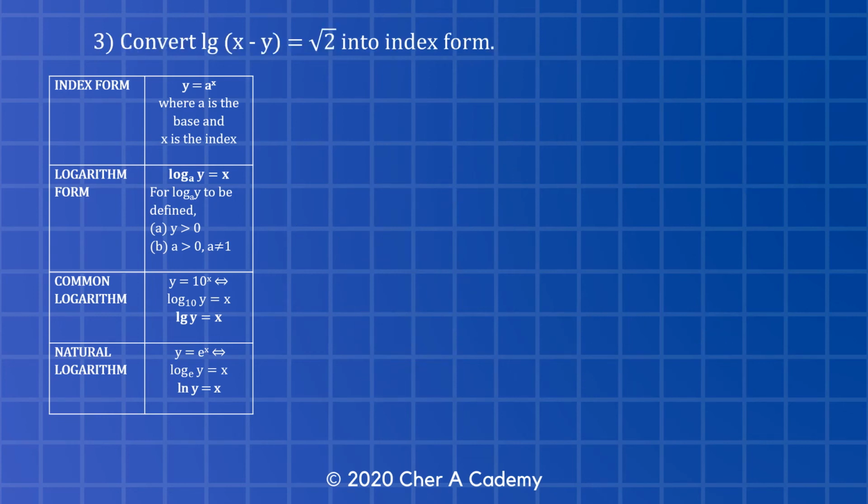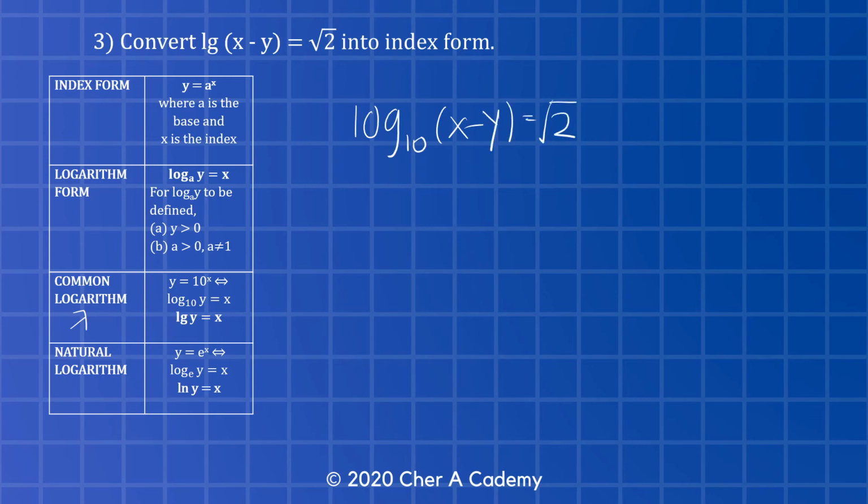Question 3. Convert lg x minus y is equals to square root 2 into index form. So this question is testing you on your knowledge of the common log. So when we see lg, it means log base 10. And we are going to log x minus y, which is equals to square root 2.